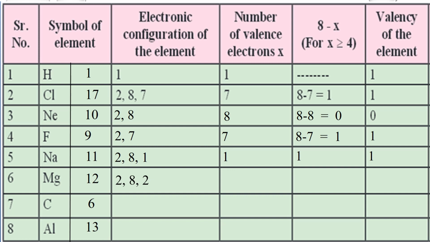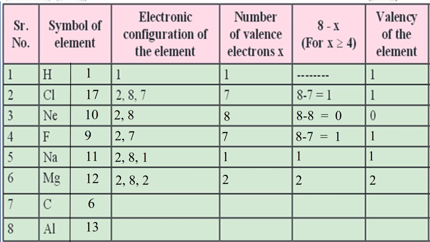Last number is 2, so 2 becomes my valence electron. Again, there is no need of using the formula because 2 is less than 4. So directly you will say that valency is 2. So magnesium can form 2 bonds with an atom during any chemical reaction.